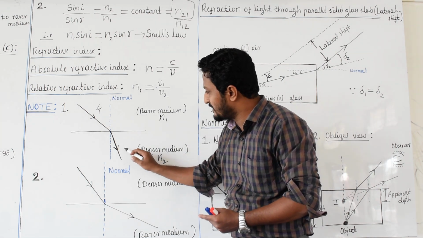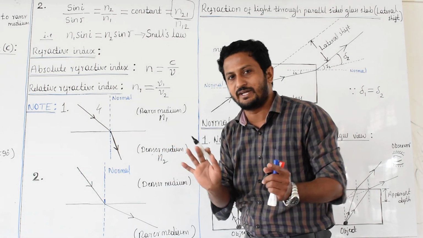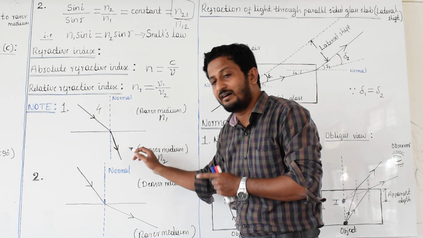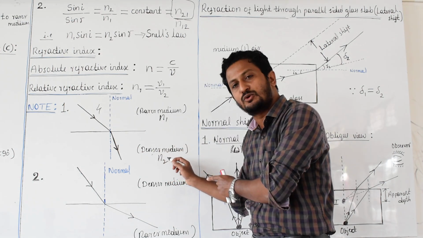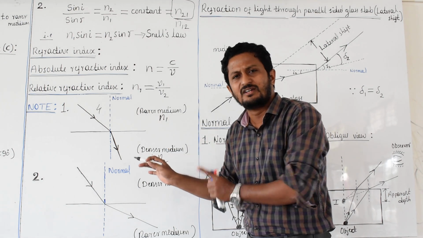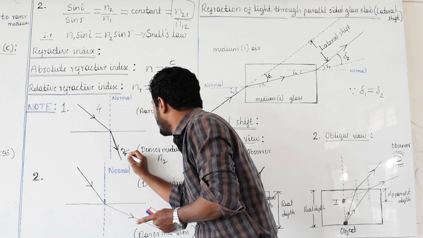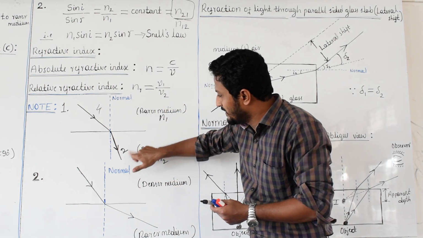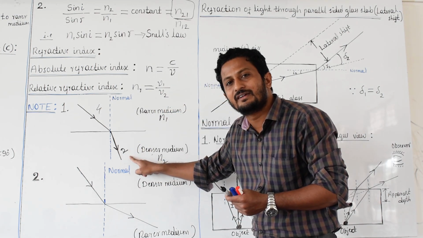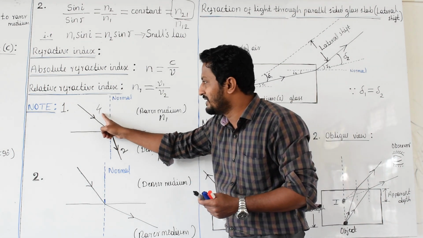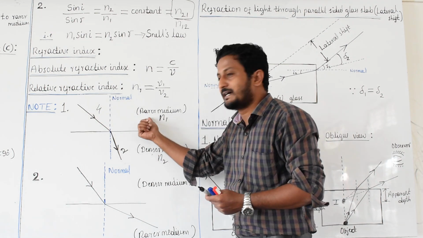Obviously when it enters here, the speed is going to decrease, as we discussed. Now the speed of light in this N2 medium is less than 4, so take 2. This 2 is the speed of light in the denser medium. This 4 is the speed of light in the rarer medium.